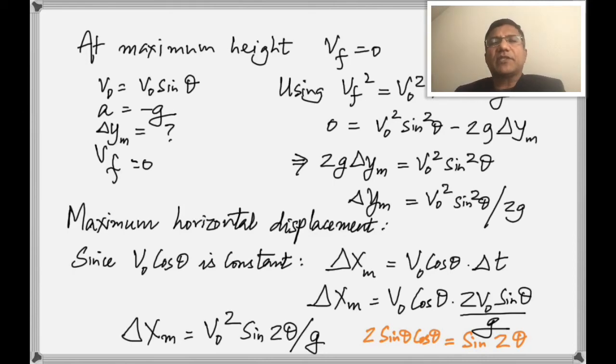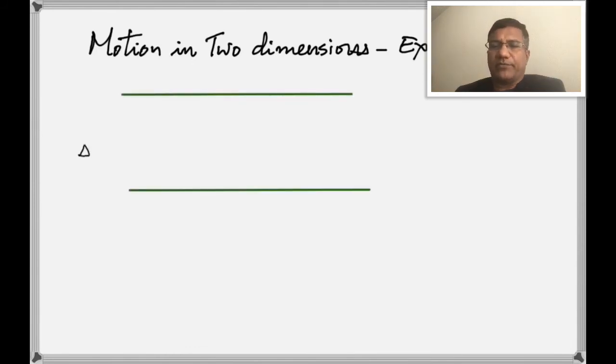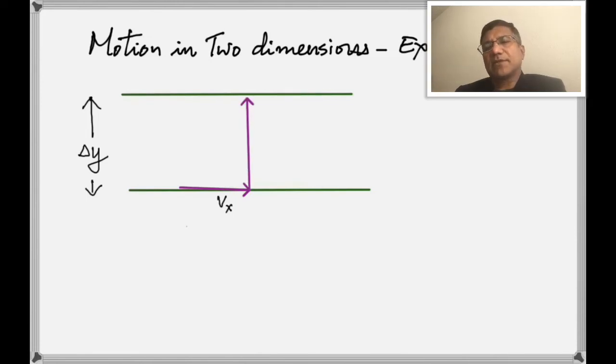Finally, another example for two-dimensional motion is the motion, let's say, of a speedboat or a boat in a flowing river. Well, in a river, because a river obviously flows. Okay. So let's say that the width of the river is delta y, and the water is flowing at a velocity Vx, and the speedboat just wants to go across, from one point exactly to the opposite point.